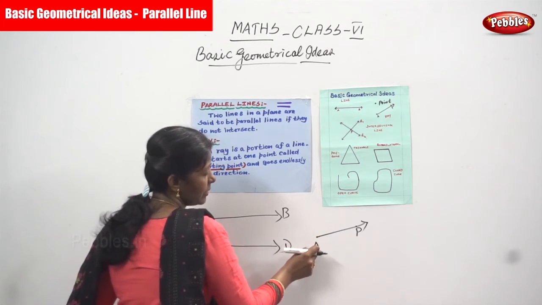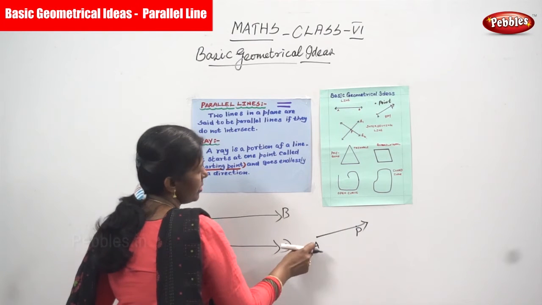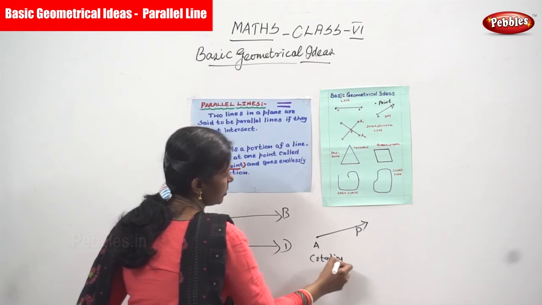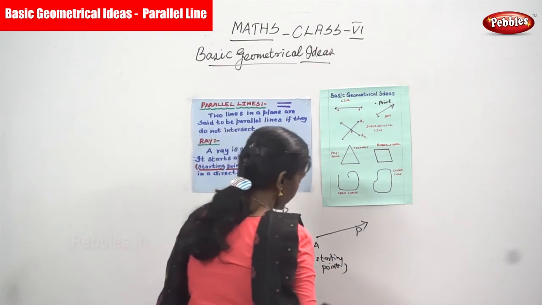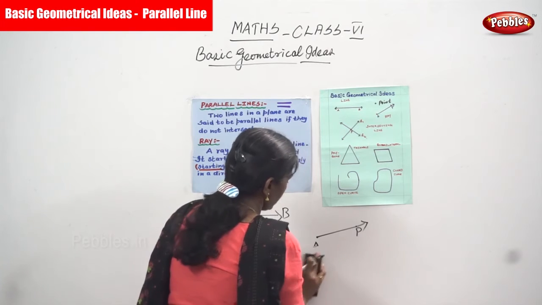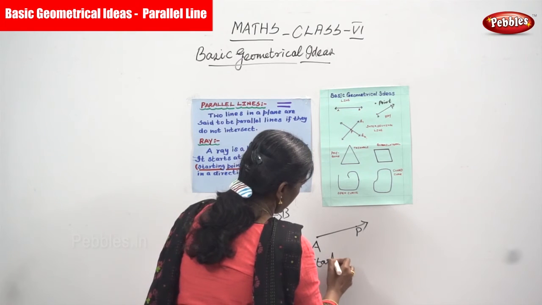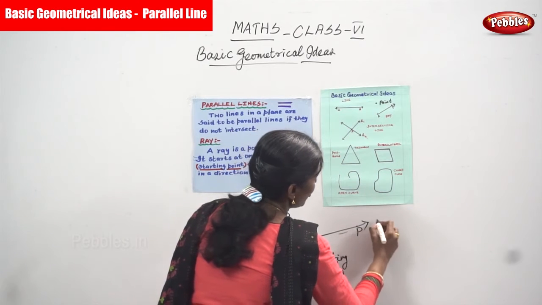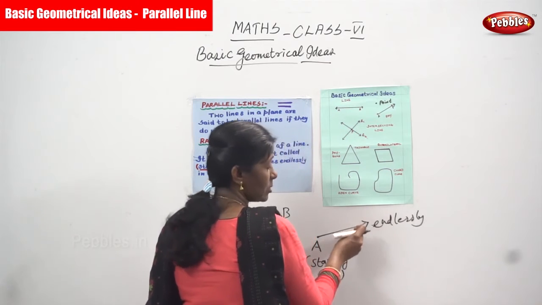It starts at one point, that point called A, this point A is called the starting point, and it goes endlessly, because there is no end for this ray.